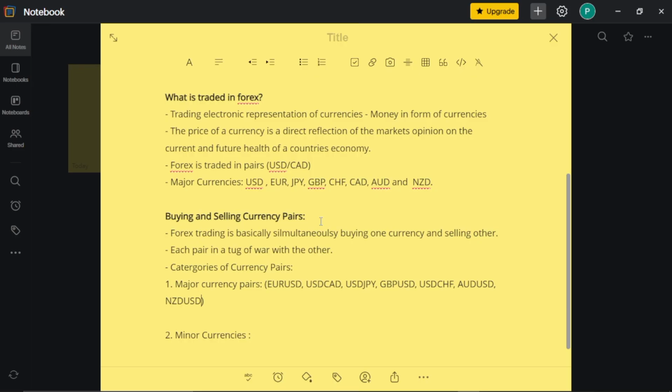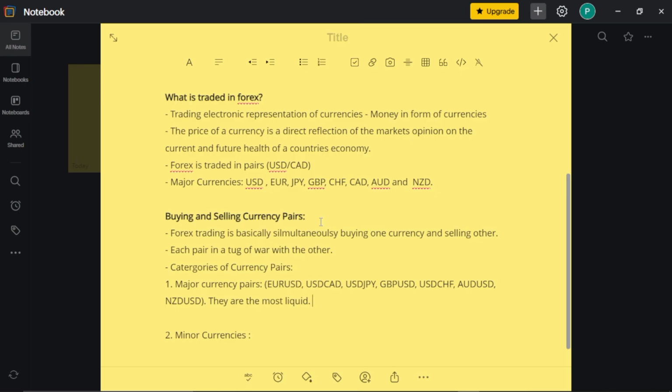The reason why they are called major currency pairs is because they are the most liquid. If you look at all of the currency pairs I just listed here now, you would discover that first world countries, that's one, more stable economies, secondly, more money flows through them. So they are the most liquid, they are the most actively traded in the international market space.